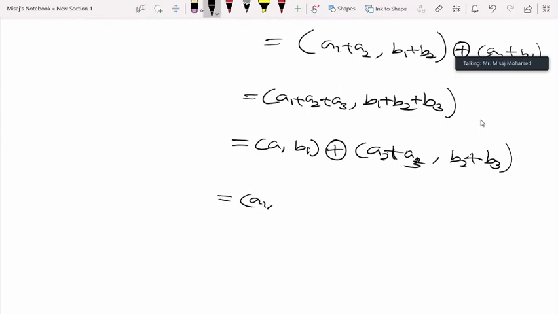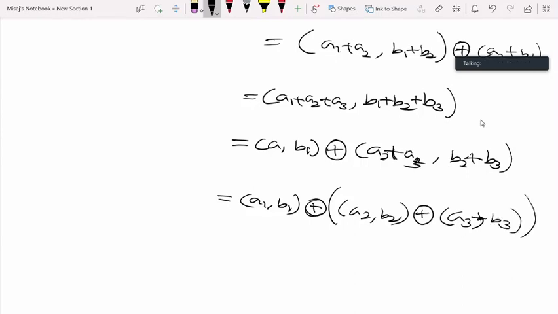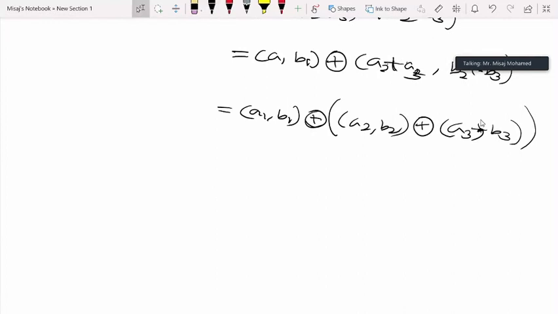Now (a1, b1) plus, how can I break this one? (a2, b2) addition (a3, b3). Now tell me, is that associative? Yes.